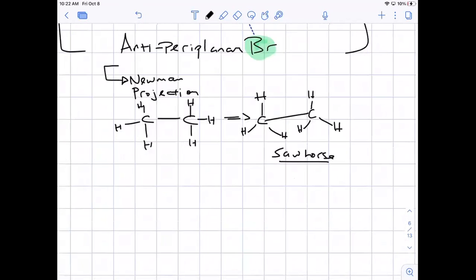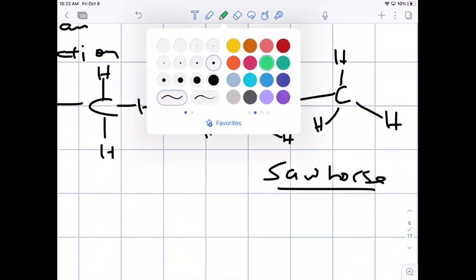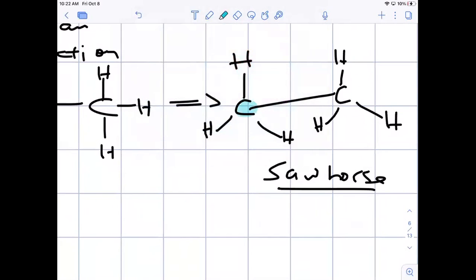So when you think about the Newman projection, the Newman projection is basically you take these two carbons right here, this carbon and this carbon, and you're going to look down the carbon-carbon bond.